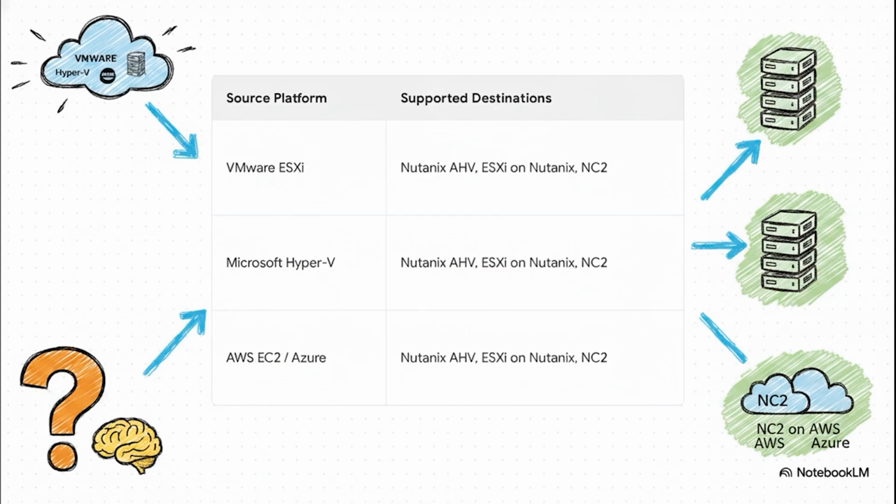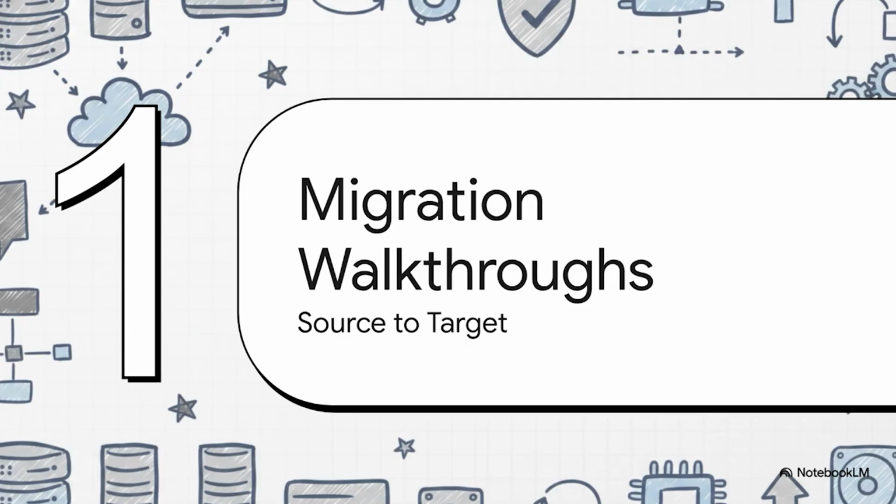And it's the same story even if you're pulling from public clouds like AWS EC2 or Azure Cloud instances. Nutanix Move fully supports bringing those workloads into Nutanix AHV, ESXi-on-Nutanix, or NC2. Definitely memorize these supported pairs because you will undoubtedly see a multiple choice question asking you to spot the unsupported path.